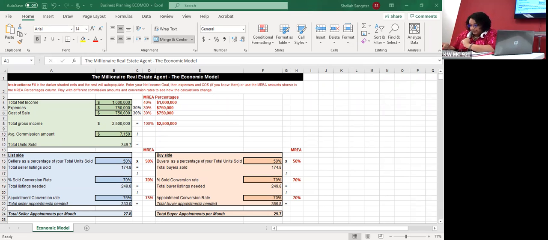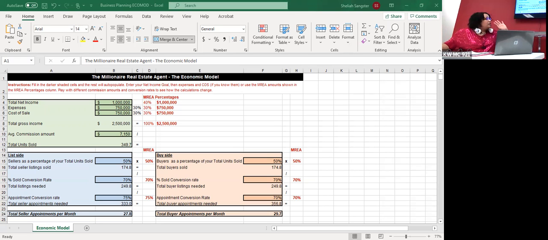So, and then it breaks down that calculation again, which is right up here, and I'm going to share it with you. And you want to keep an economic model, two versions of it. One that shows where you are, and then one that shows where you're going.